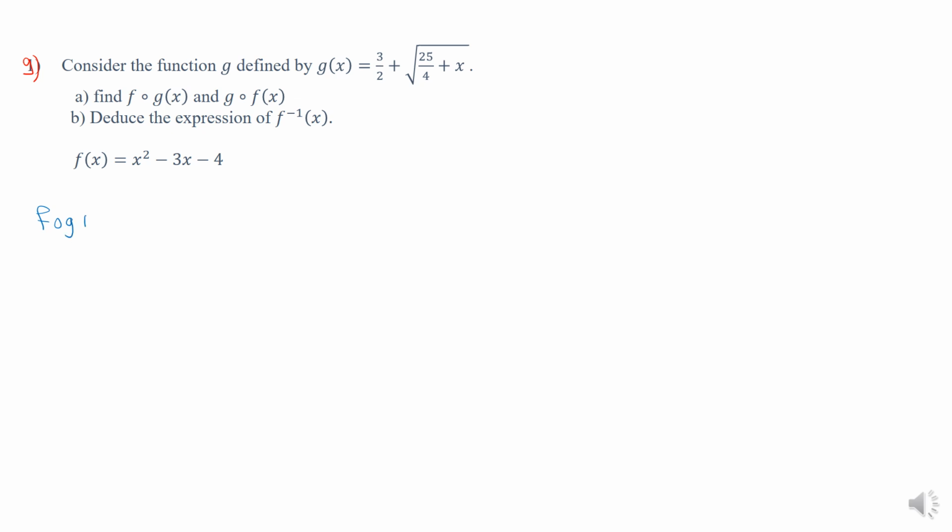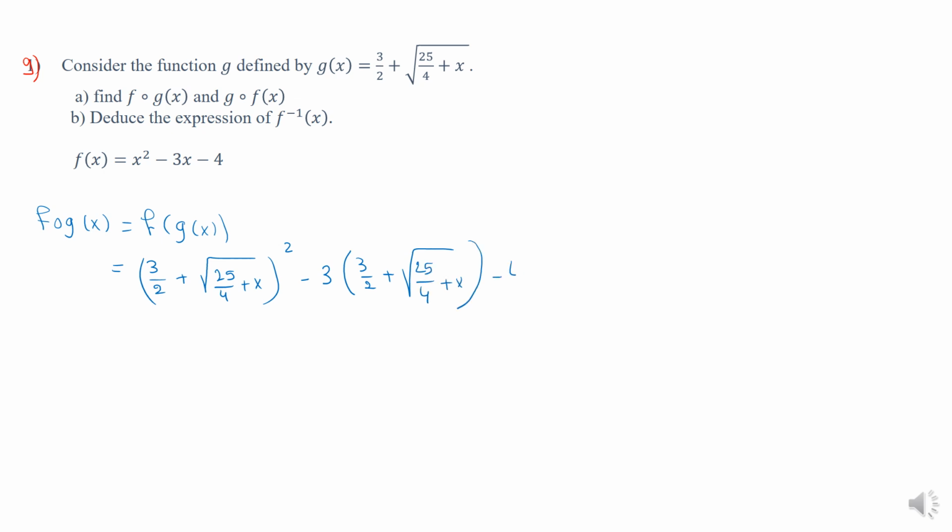F round g of x is f of g of x. So in the place of x, we will substitute g of x, or we will replace x by g of x. So f of g of x is equal to 3 over 2 plus radical 25 over 4 plus x, squared, minus 3 into 3 over 2 plus radical 25 over 4 plus x, minus 4.